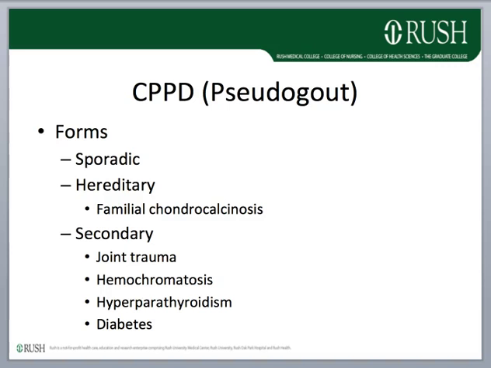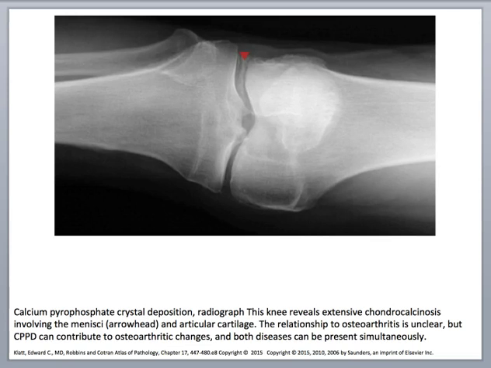Hemochromatosis is the only disease that's clearly associated with the full spectrum of CPPD joint disease, including acute arthritis, chondrocalcinosis, and chronic inflammatory and degenerative arthritis. In addition, a variety of metabolic and endocrine disorders other than hemochromatosis may be associated with CPPD, including hyperparathyroidism and diabetes.